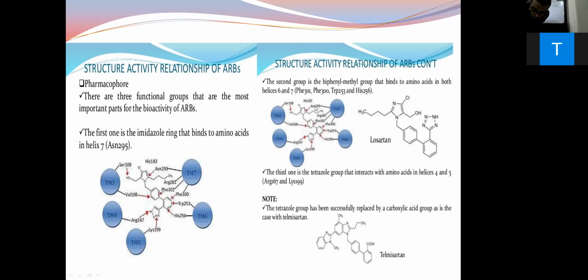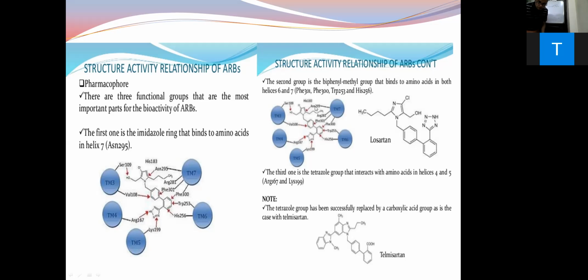How many carbons? 1, 2, 3, 4. So it is connected to your butyl. So the 2nd position contains your butyl group, the 4th position contains chloro and the 5th position a methanol group.